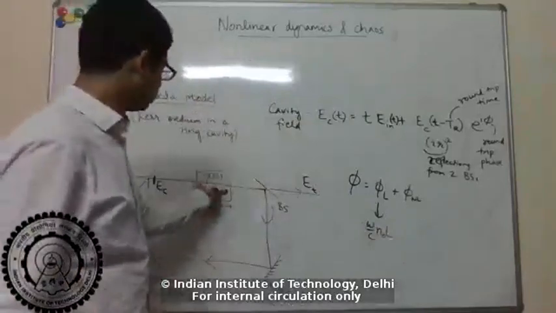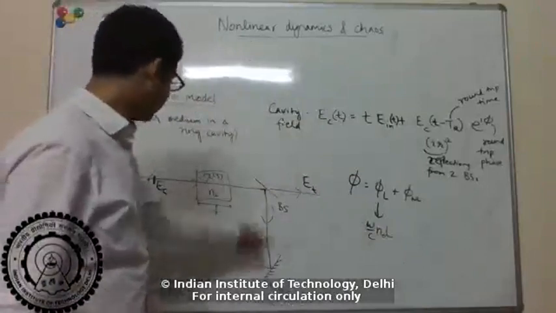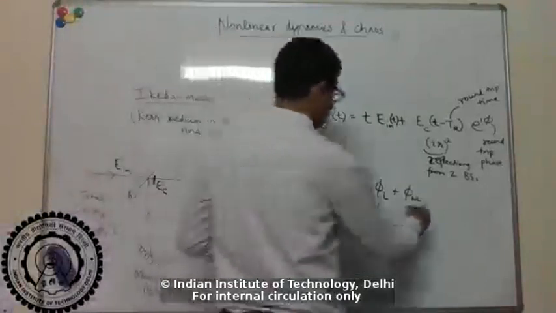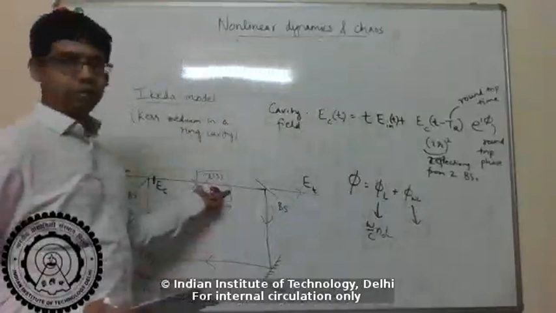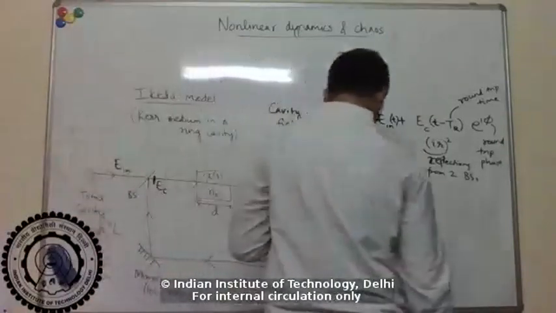You could also include the linear phase shift through the medium, but let's say d is much smaller than L, so then the linear phase is just that, and then the nonlinear phase will be acquired through the nonlinear medium, right?